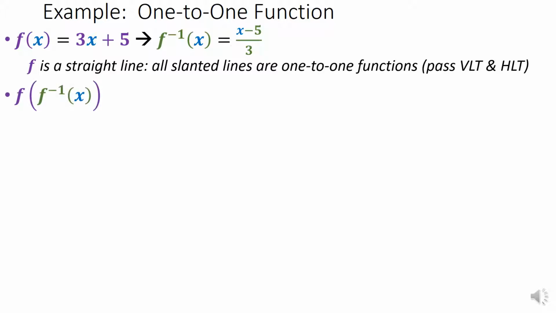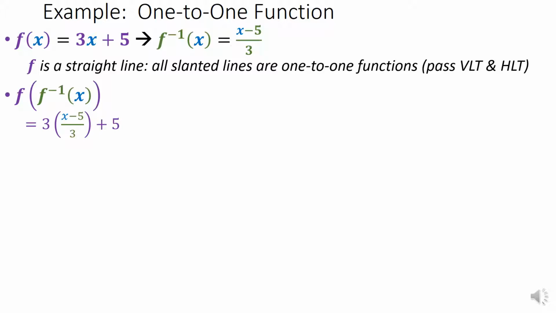Okay, so let's start with the first direction. We're going to take x, plug it into f inverse, and then plug that into f. So basically our 3x plus 5 function becomes 3 times (x minus 5 over 3) plus 5, because what's in the parentheses there is f inverse.